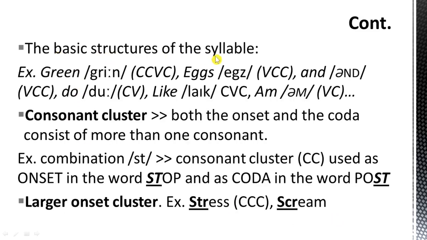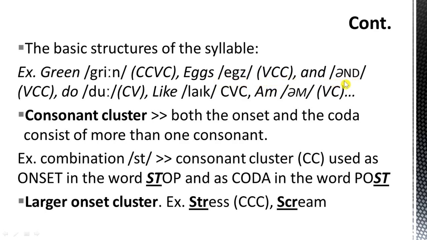The basic structure of the syllable follows examples like grinned. We can have the symbols represented like CCVC: consonant, consonant, vowel, and then consonant.